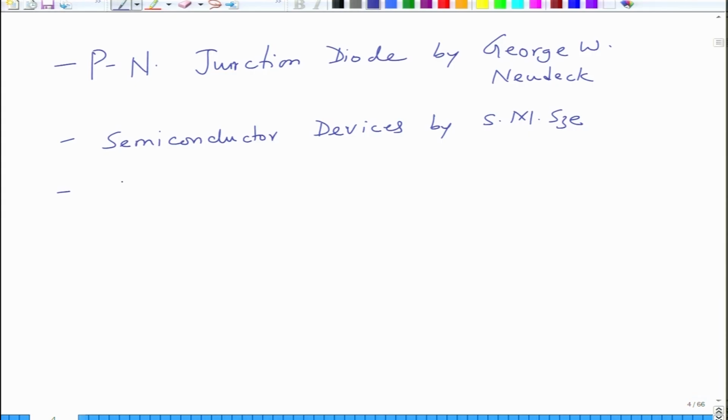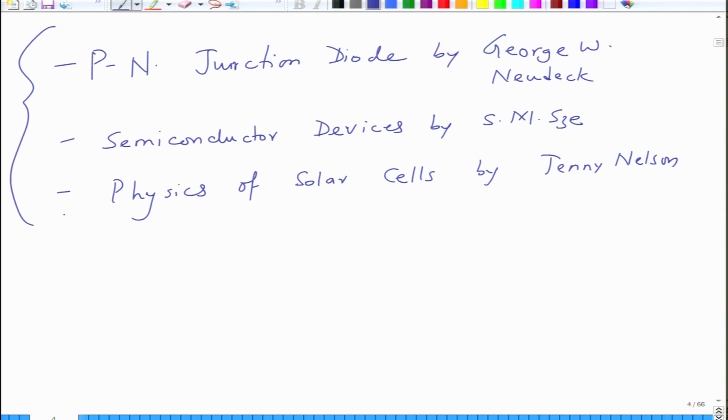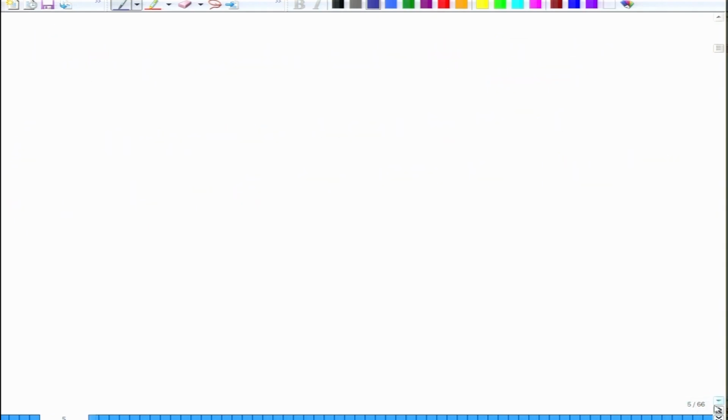Then, in the context of solar cells, you can also look at Physics of Solar Cells by Jenny Nelson. These are three books which can be useful to understand the p-n junction electrical characteristics in detail.